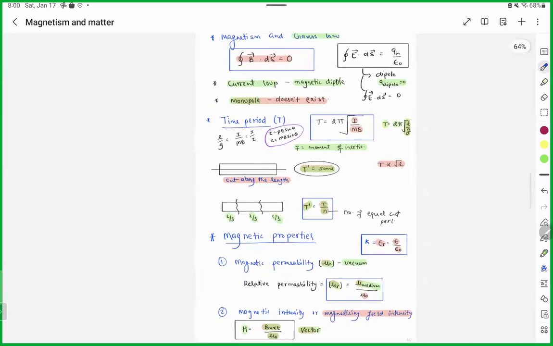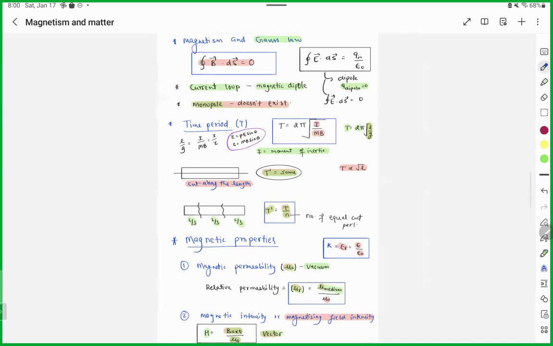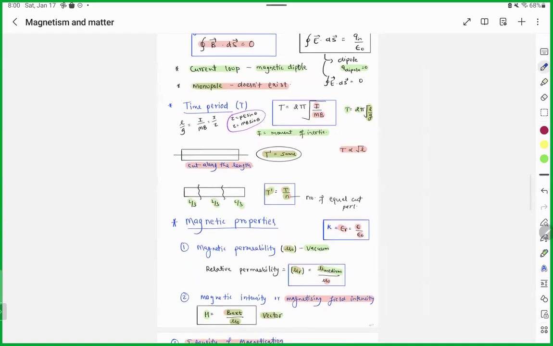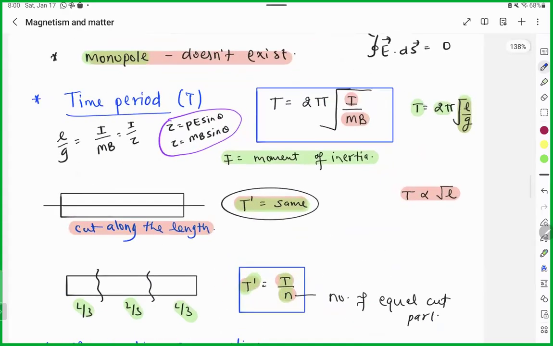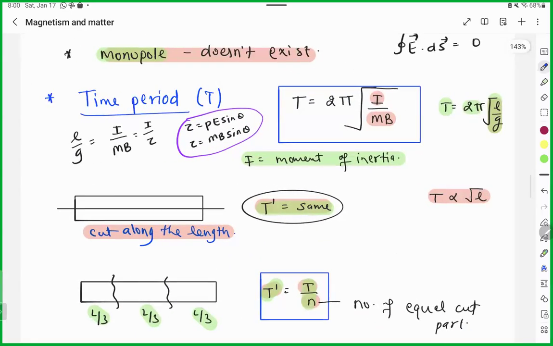Done? Yes, sir. Can you explain the time period? See, here we are correlating the relation of length and gravity with I and MB, where I is moment of inertia.